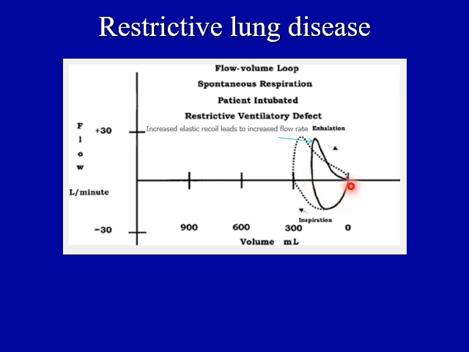Here your FEV1 will be decreased and your FVC will be decreased, though FEV1 and FVC are not shown in this one. Basically the tidal volume is decreased, but the flow rate is normal. In restrictive lung disease, FEV1 is decreased and FVC is also decreased, but the FEV1 to FVC ratio is normal or increased, because there is increased elastic recoil due to the increased flow rate.